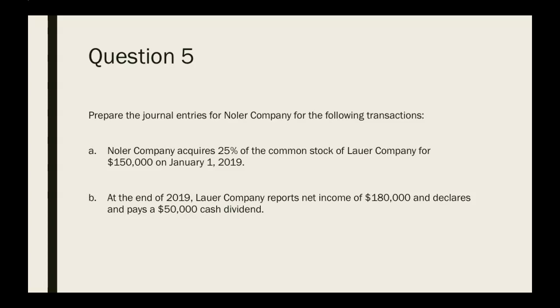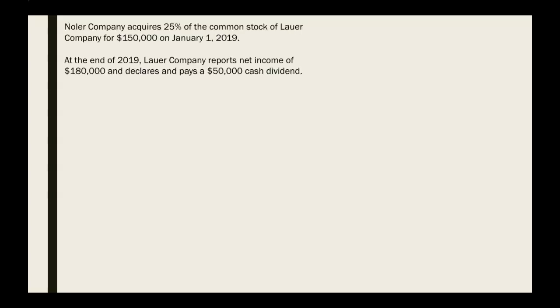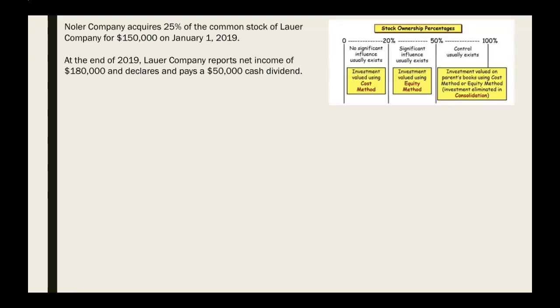After we acquire 25% of the stock, it says at the end of the year, Lauer Company reports a net income of $180,000 and declares and pays a $50,000 cash dividend. So we have a few journal entries that we need to record here. But before we do that, we take a look back at this chart.